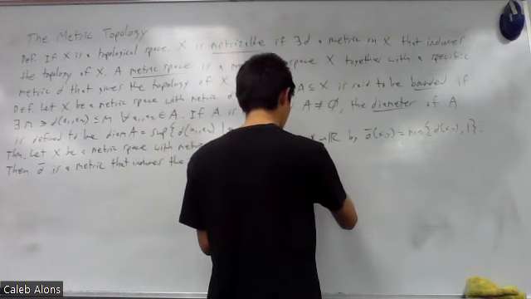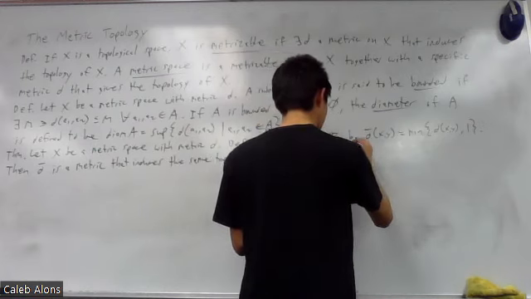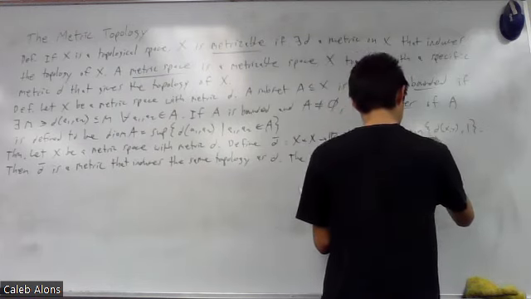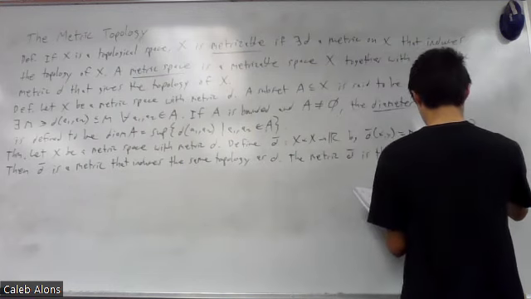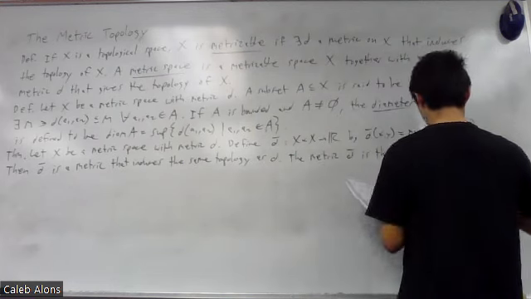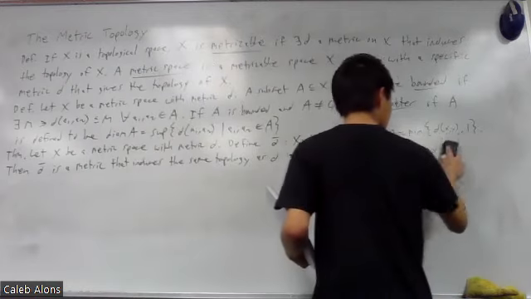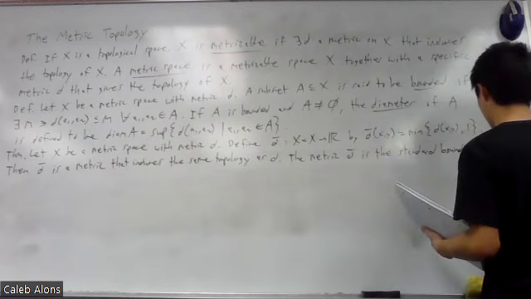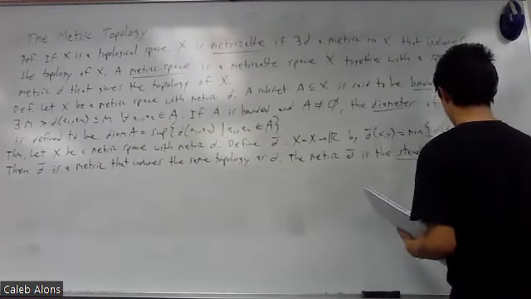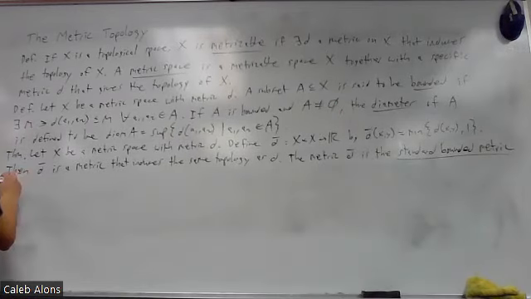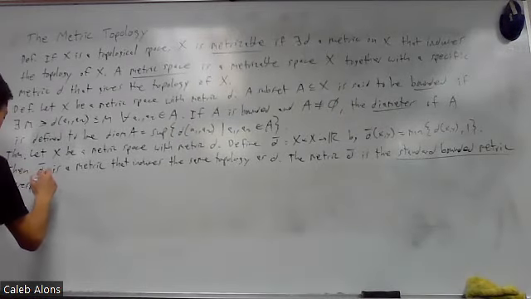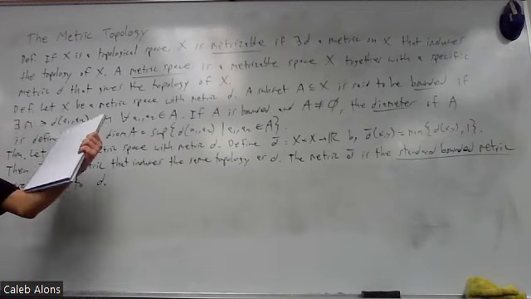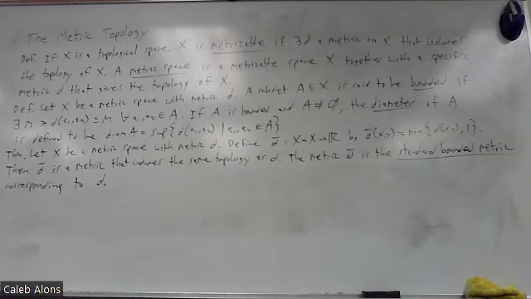And the metric d bar is the standard bounded metric corresponding to d. So basically, it doesn't allow for these super big distances.